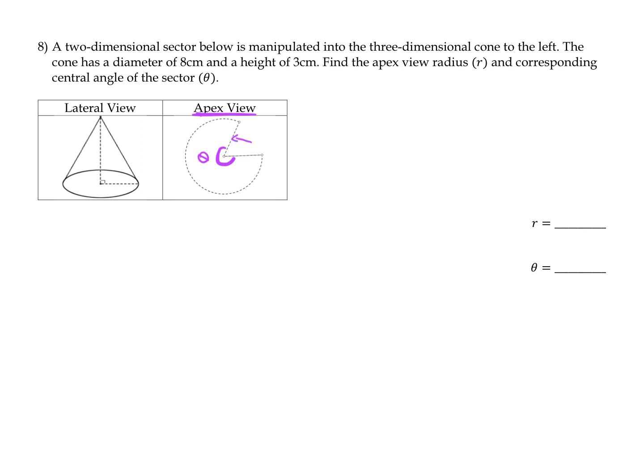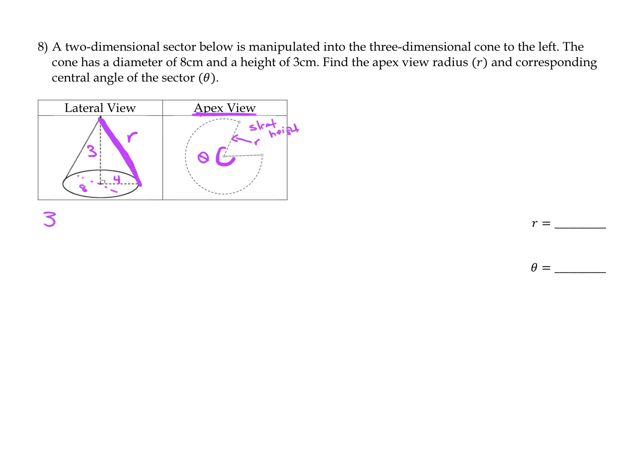This right here is my radius, but this is going to convert into the slant height, which is here. So my slant height is my r. I know that the height of the cone is 3. They tell me the diameter is 8, so that makes my radius 4.